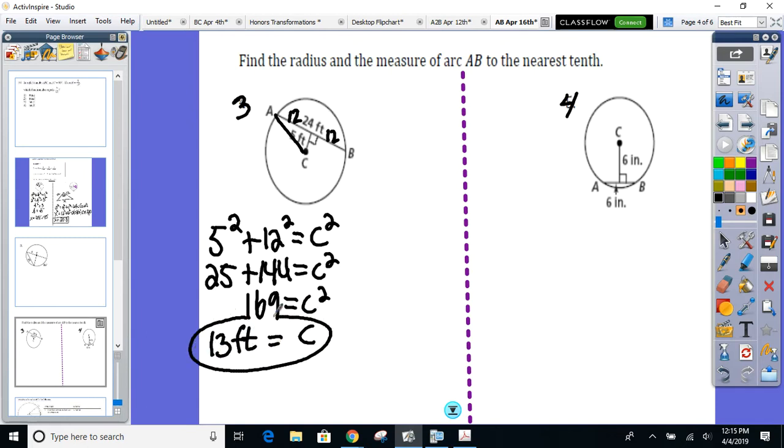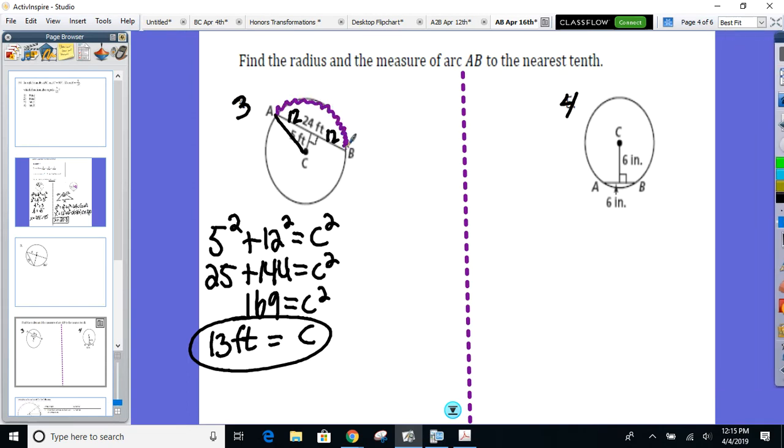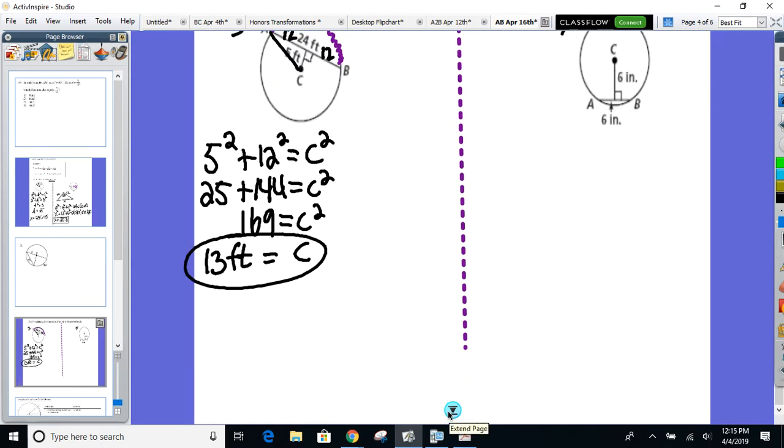Nice job there. All right, now we have to actually find the measure of our arc, not the length, so I don't need any of those length formulas we talked about. I want to find the measure in degrees of this arc, okay? And if you remember how to find the measure of an arc, it is equal to the central angle measure.